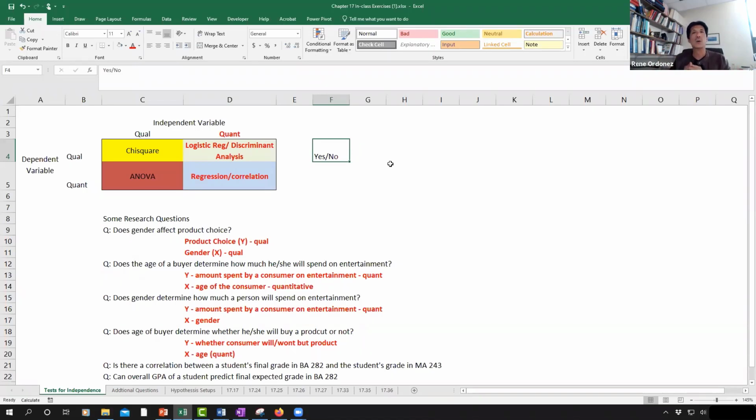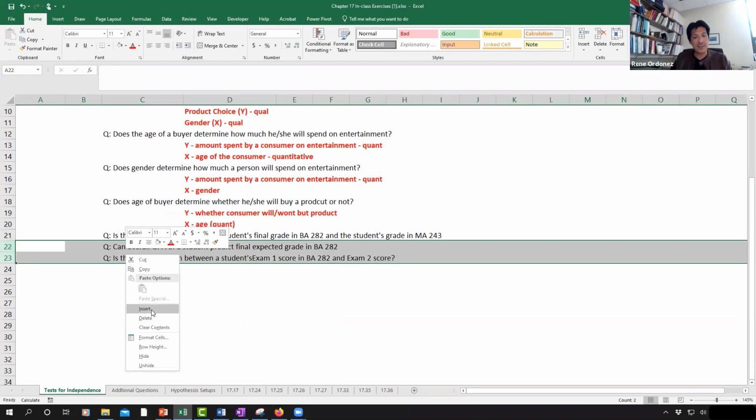Or this is useful in recruiting. When you are recruiting customers or clients, they will either say yes or no to you. So if you want to determine the probability that your prospective customer would say yes to a proposal, logistic regression or discriminant analysis would be a useful tool for that kind of prediction. Okay?